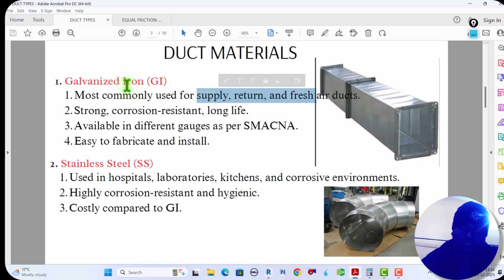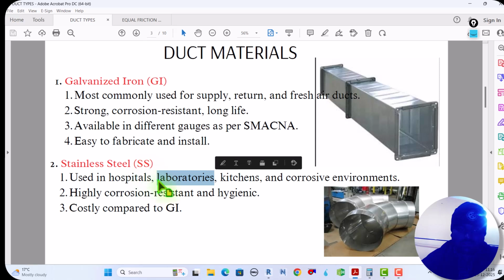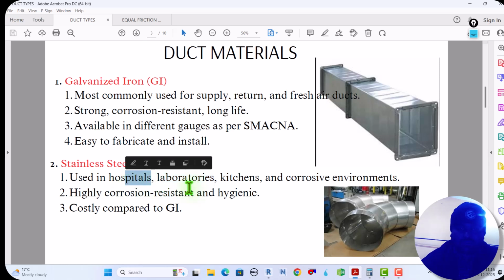It is also strong. The second is SS, which we use mostly in laboratories and hospitals. These are the two important places for SS, and it is also costly compared to GI duct.